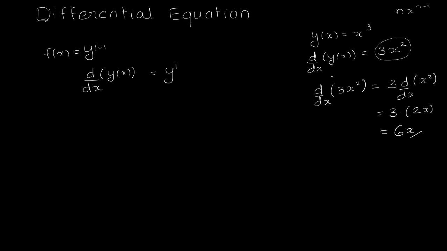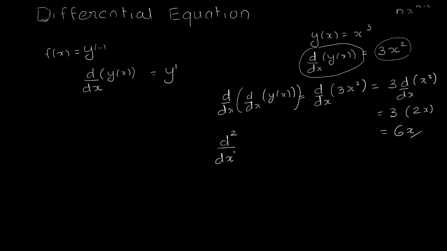Basically this is the derivative of this 3x square, that is, the derivative of this derivative d by dx of y of x. Yes or no? Okay, so this I can represent as d into d, therefore d square by dx square of y of x.